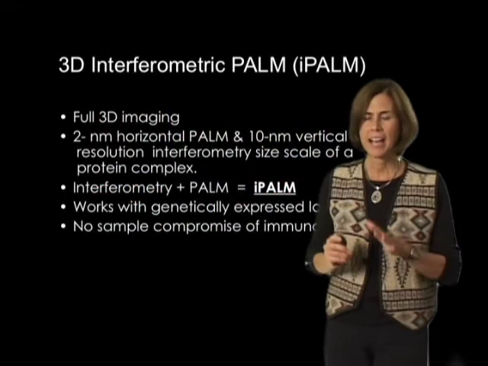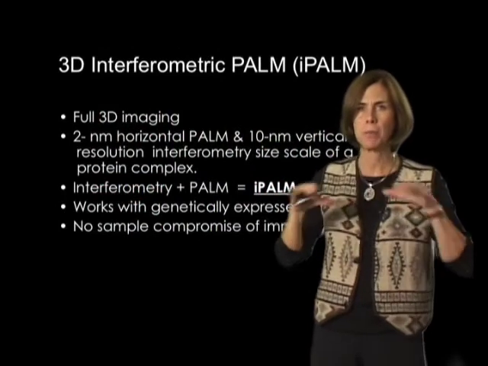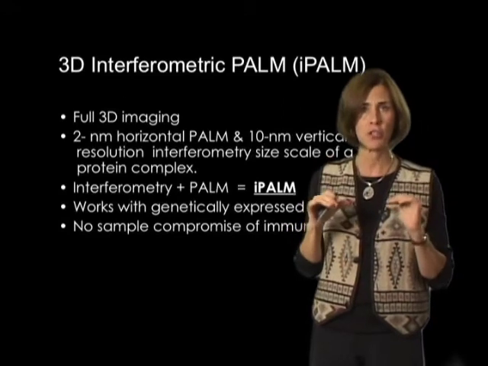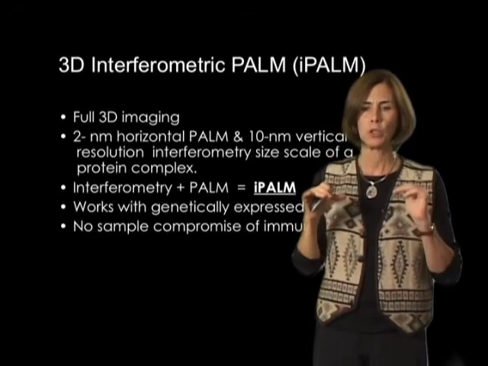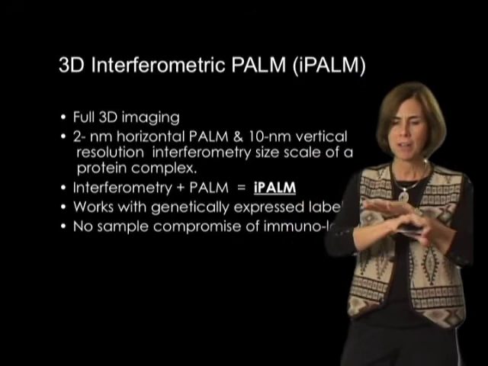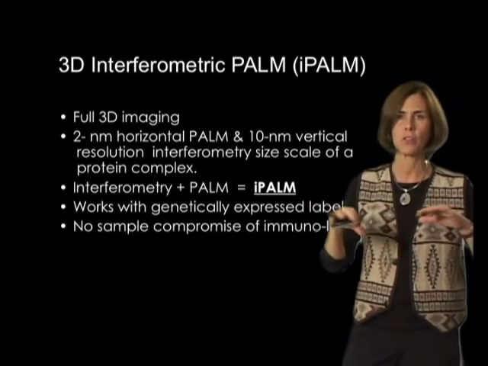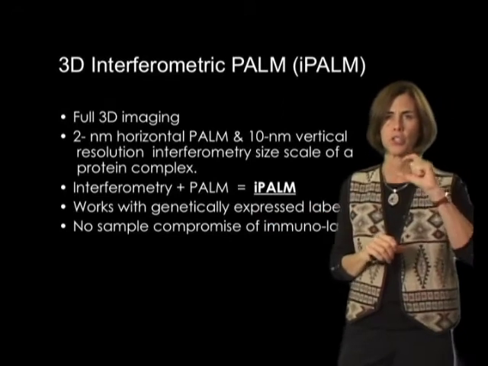Now, up to now, I've showed examples of using this single molecule localization approach called PALM for looking at specimens pretty much in 2D, where we're putting them on a microscope, on a cover slip and looking in TIRF.